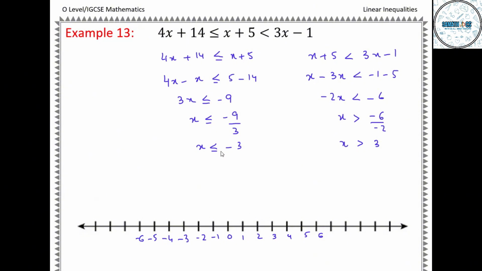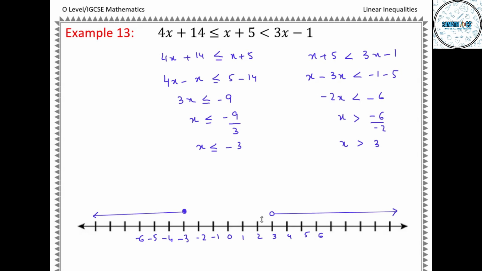So we have to make a circle dot at minus 3. And the direction is to be in the direction of the sign. It will be in this direction. We have to draw a circle at 3. And then we have to draw a line in the direction of this arrow.